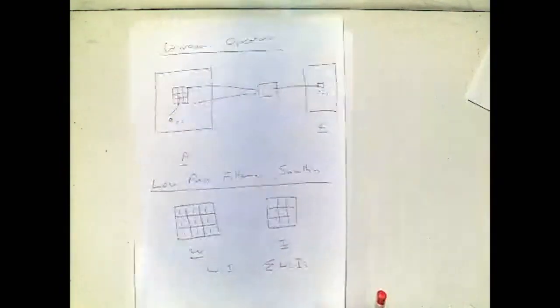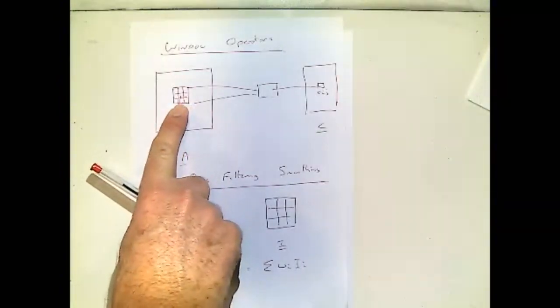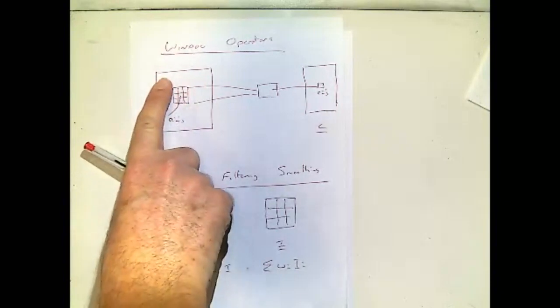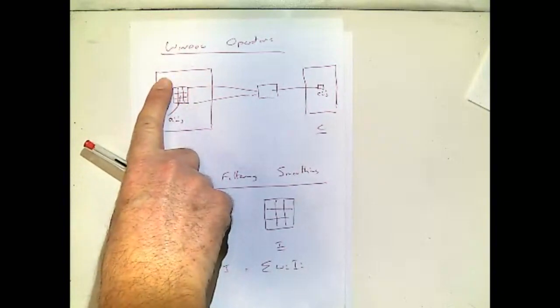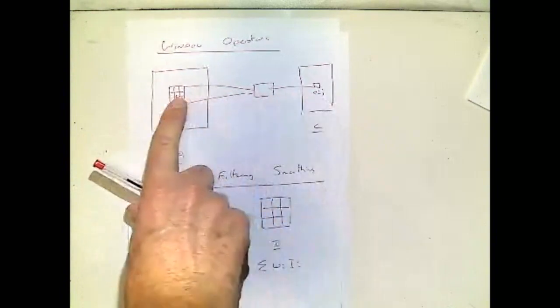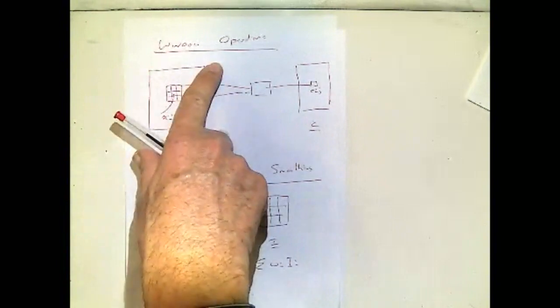Because the window operator is a square. If I were to put this operator on the top left-hand corner of the beginning, because the output corresponds to the center of the window, you are losing the top line in the output.